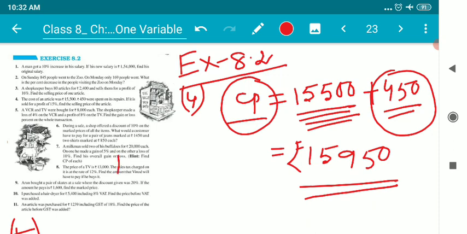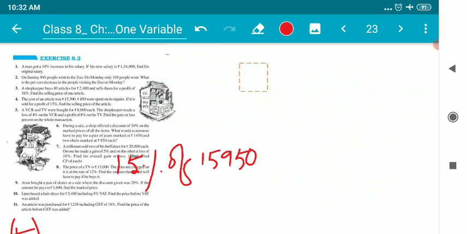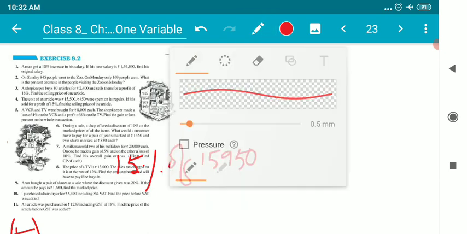So let us find out 15% of 15,950. Once we calculate this, what will we get? We will get the amount of profit, how much money he has actually gained by selling the article.